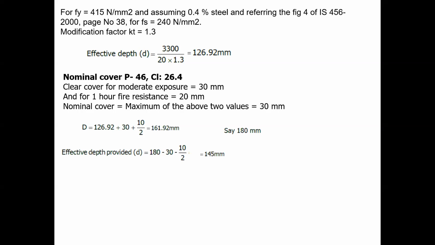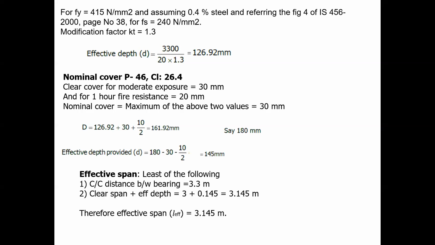Okay. Next, effective span. Effective span is the least of the following. As I said, the first condition is center to center distance between the bearings, 3.3. The second condition is clear span plus effective depth. Clear span is 3 meter and effective depth, as you know, is 145, nothing but 0.145.